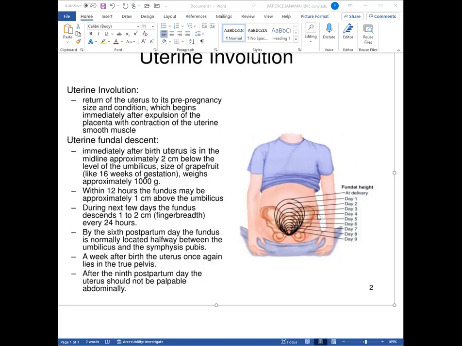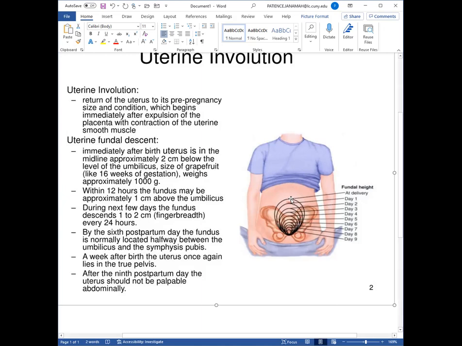So let me talk about the uterine involution on this diagram that we see. So the first day of delivery, can we see the position? At the time of delivery, this is where the fundal height is. This is what you expect.